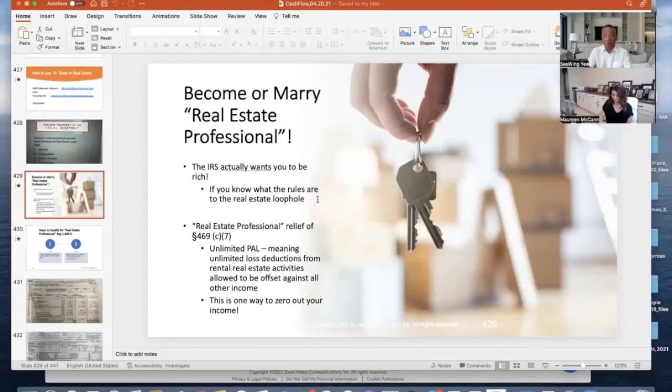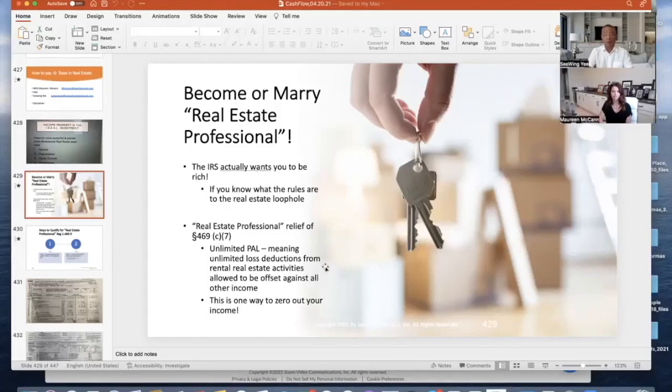If you know the rules to the real estate loophole, you can apply this strategy in a legal, ethical, correct way, as long as you find a good tax advisor that can help you. So real estate professional status is within Section 469 of the IRS code, subparagraph C7.